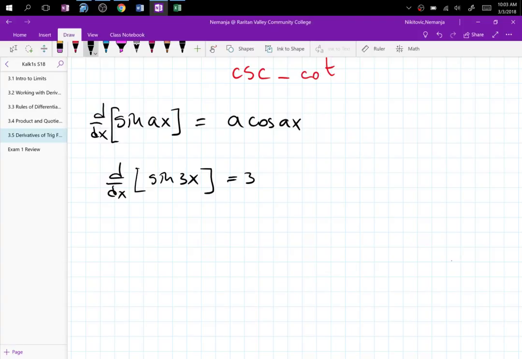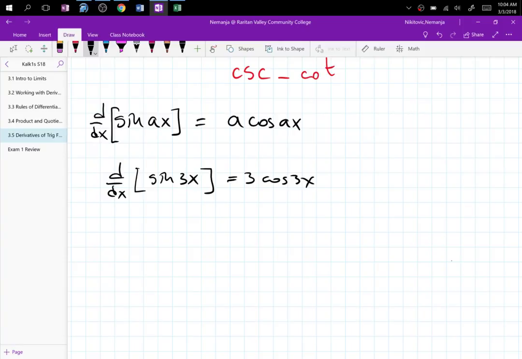It's going to be 3 cosine 3x. This is something we are going to address with the chain rule, so it's not as important as it was last time to learn the e to the ax. So the same situation happens here: the a goes in front, but we are going to take care of that later.